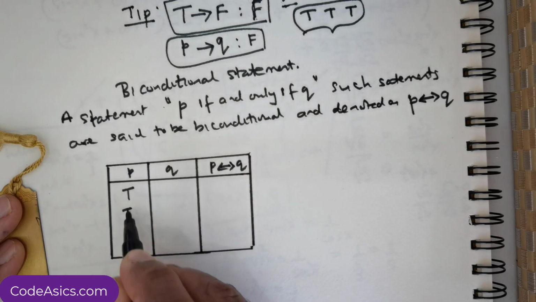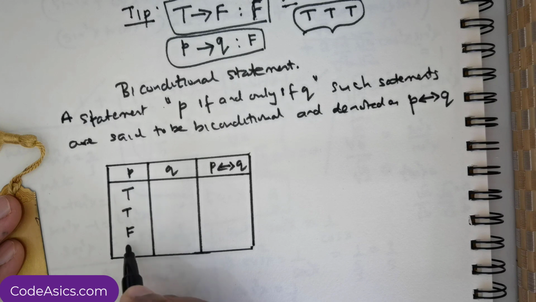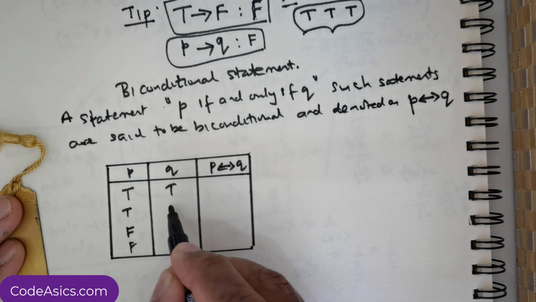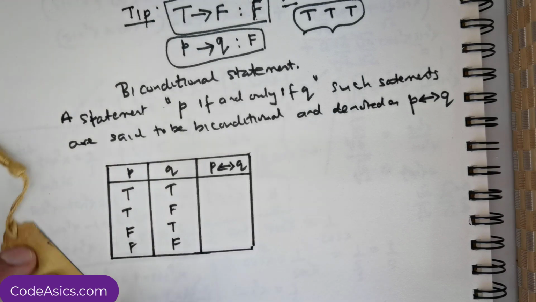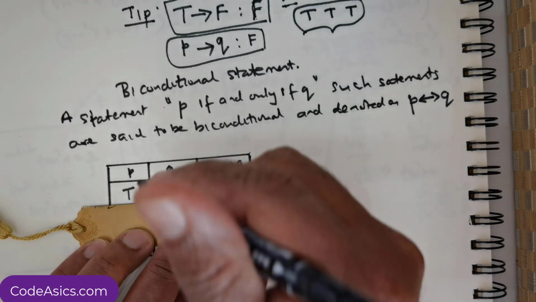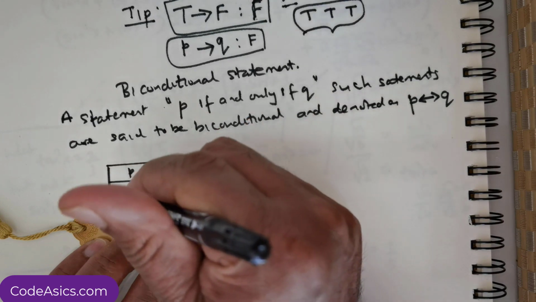So we take T, F, T, F, and then we will study the outcome.